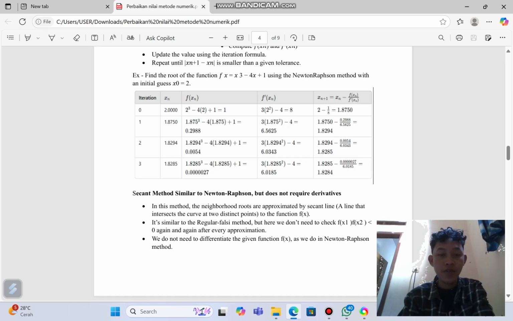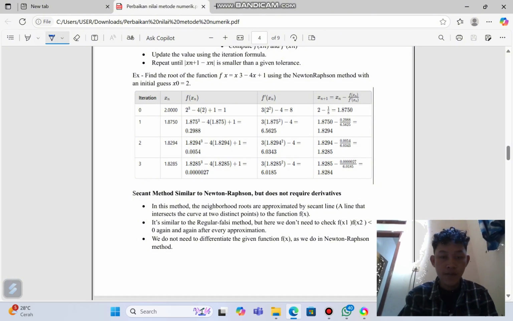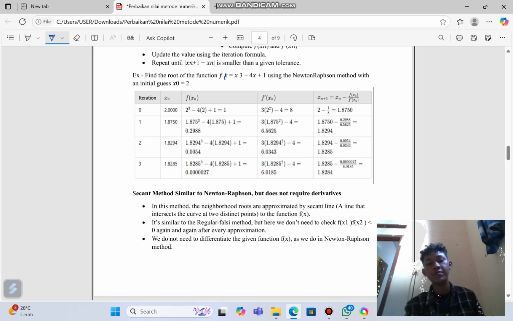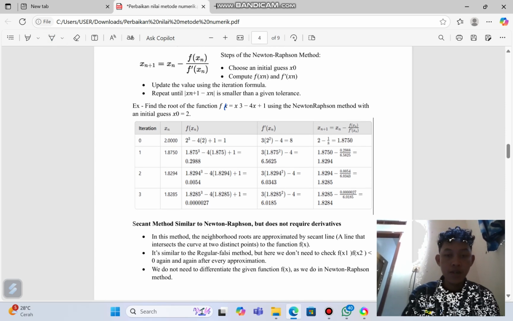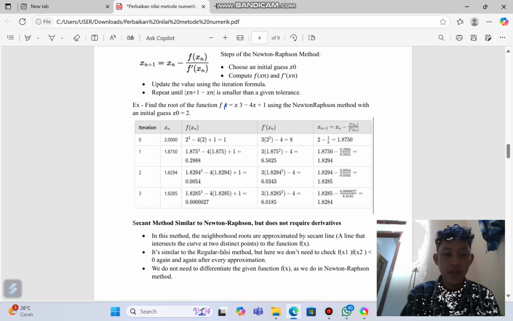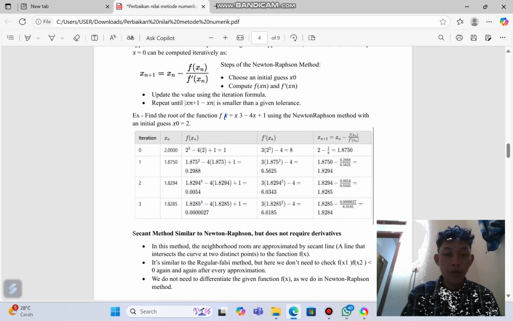We have to find the root of the function f(x) equal to x^3 minus 4x plus 1 using Newton-Raphson method with initial guess x0 equal to 2. So first we already choose an initial guess for x0 equal to 2.